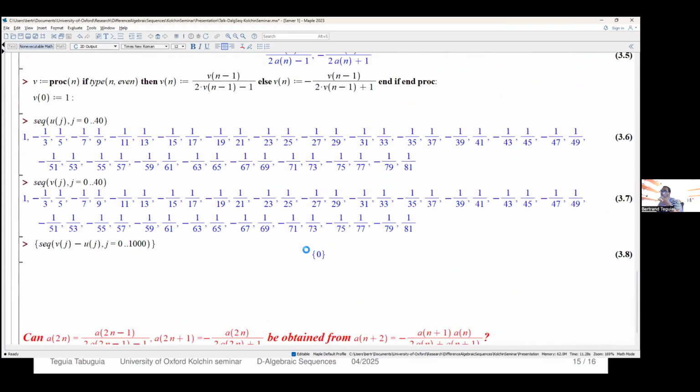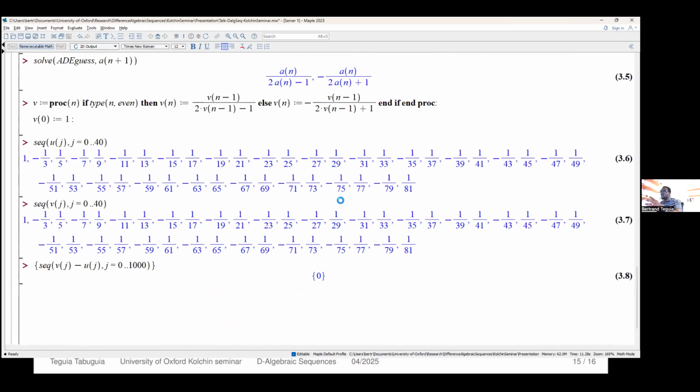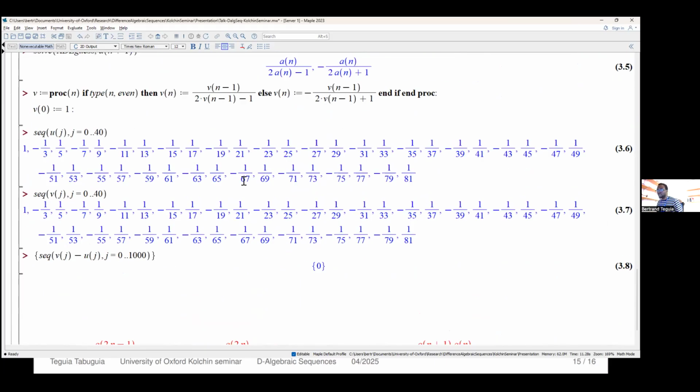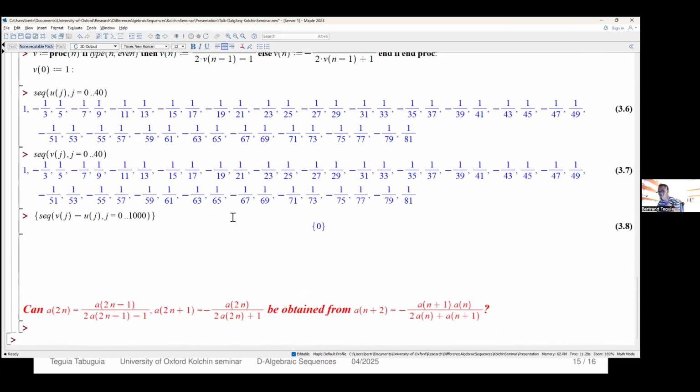But where to compute the next terms, you use two different equations that are obtained like this. So I hope I told this in the correct way. So okay, the question is, can this one?